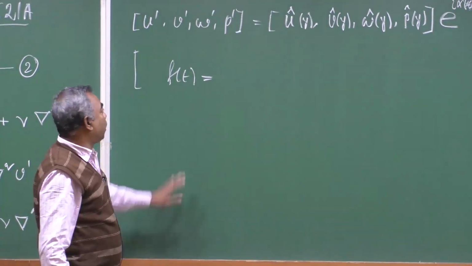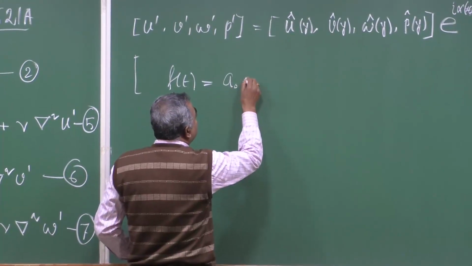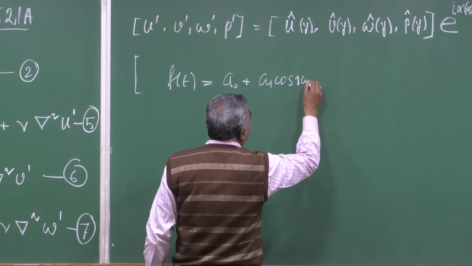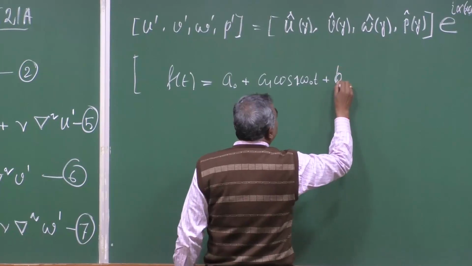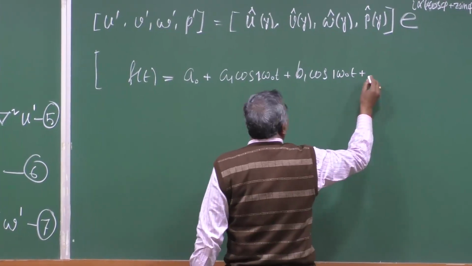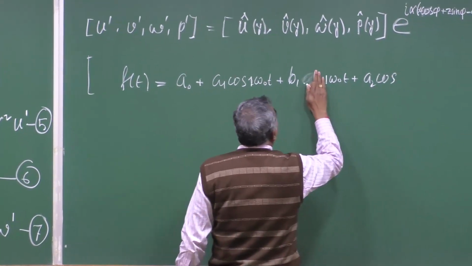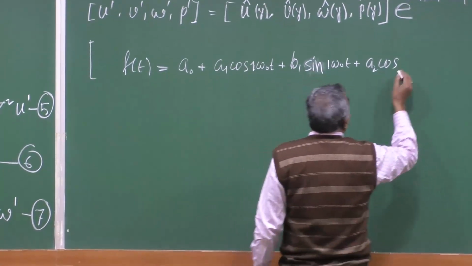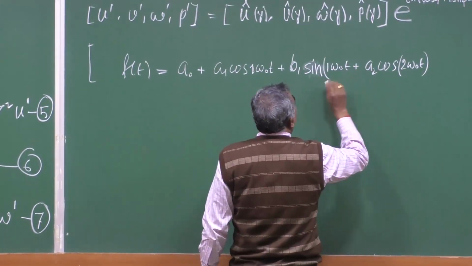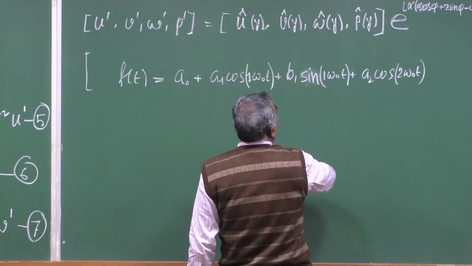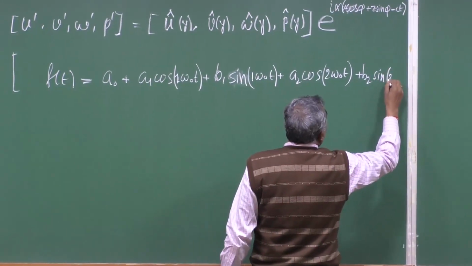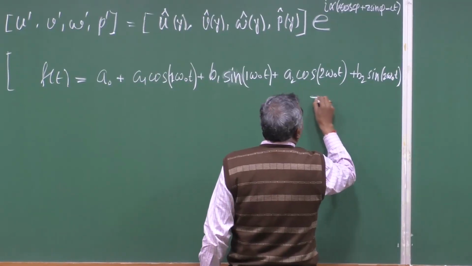If f of t is a function of t alone, then we can write this as a naught plus a 1 cosine 1 omega naught t plus b 1 sine 1 omega naught t, plus a 2 cosine 2 omega naught t plus b 2 sine 2 omega naught t and so on.